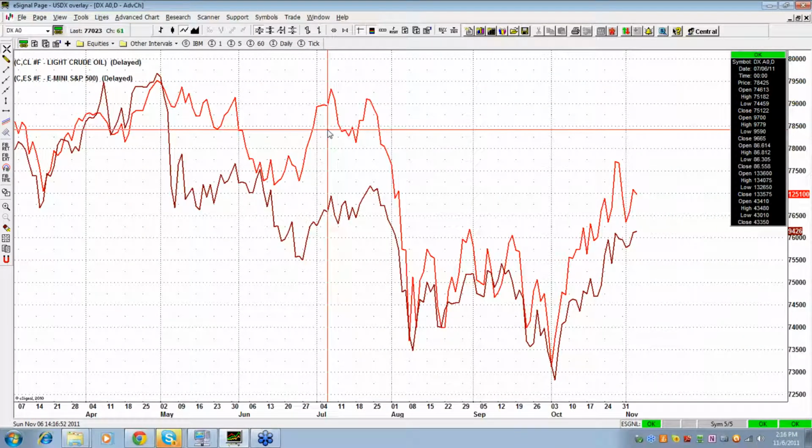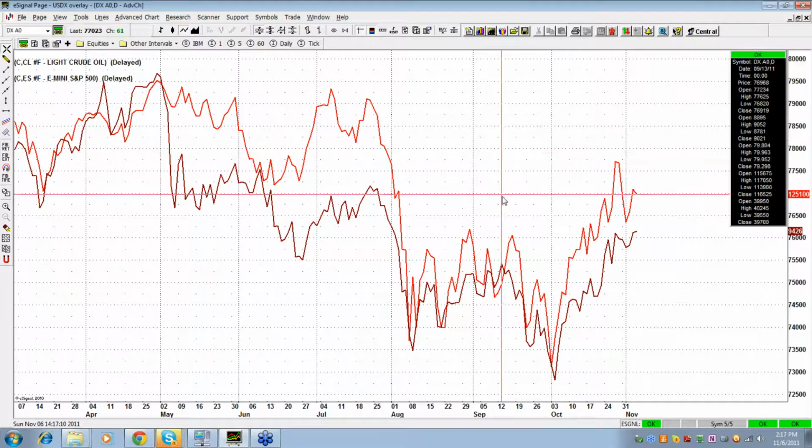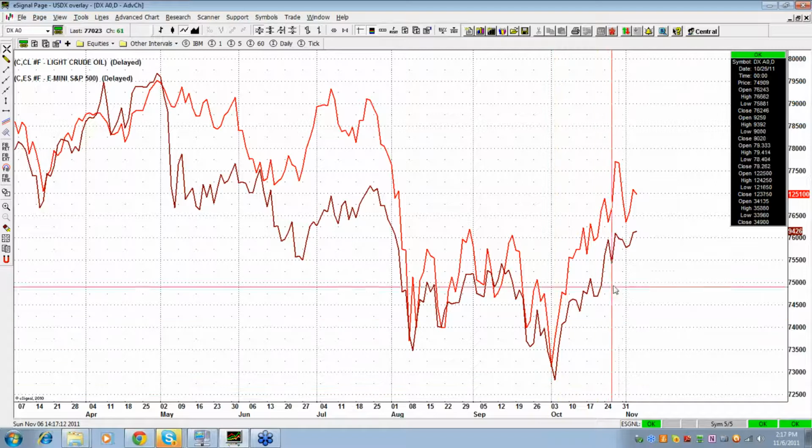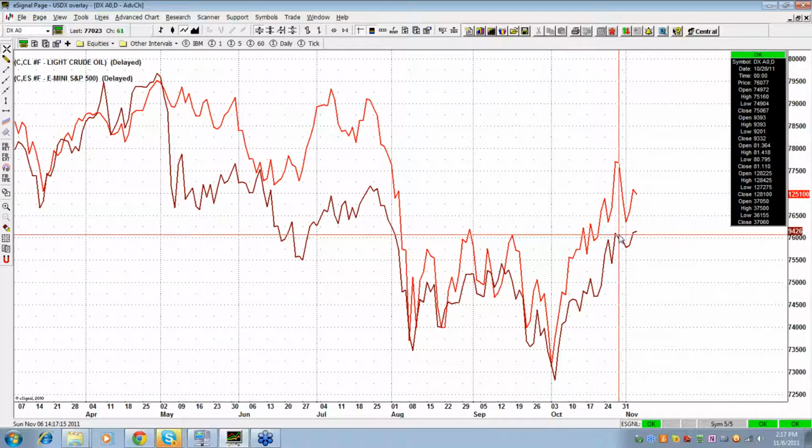So if you look at it, you should be able to see how correlated they are. And then the S&P recovering is also in 3 weeks.